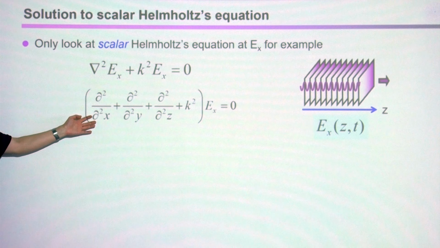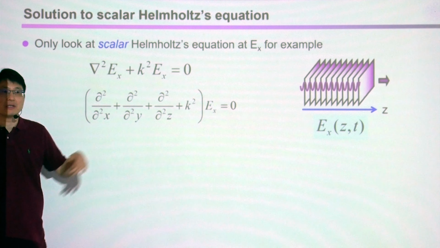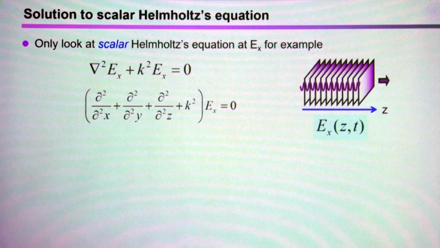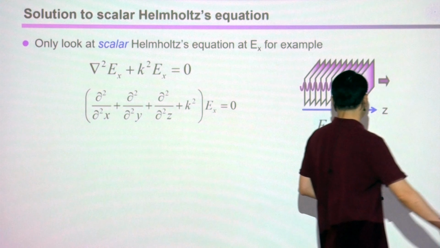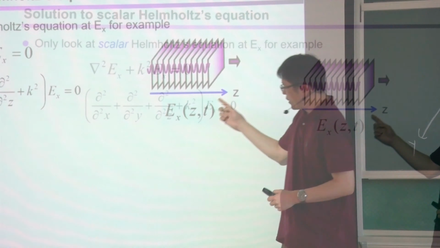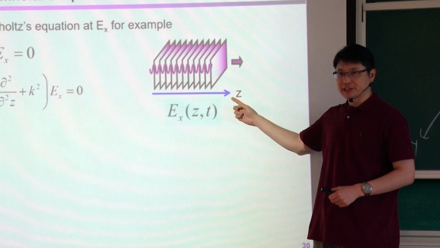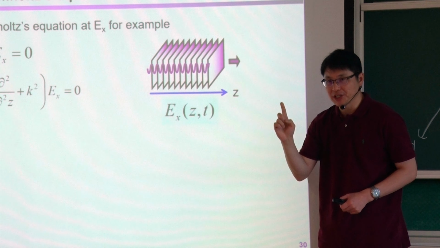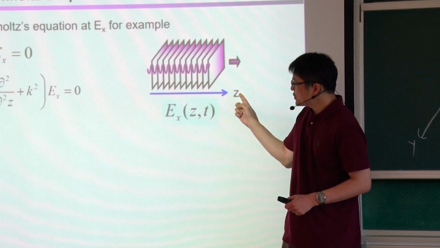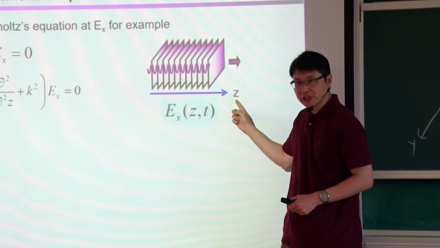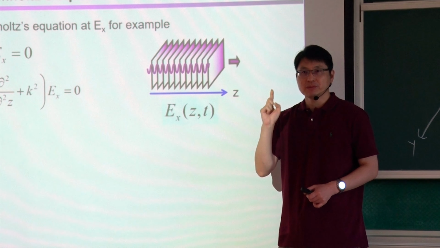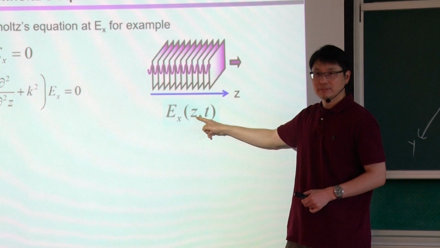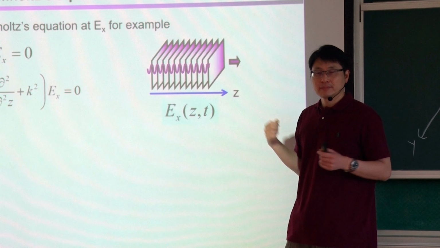Scalar Laplacian is nothing more than the twice differentiation in all spatial directions. But remember, plane waves, once we have defined its propagation direction, remember, pay attention. Plane waves, once you have defined its propagation direction, then the spatial variation is only that given direction. Why?